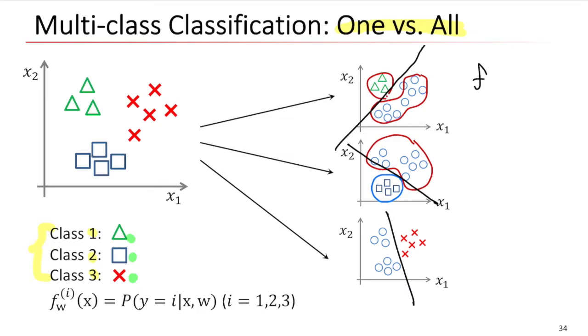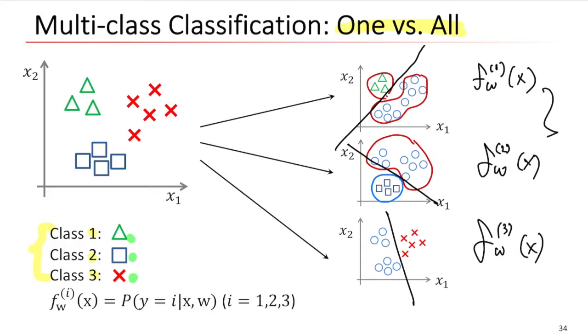In this case, we train the binary classifier for class 1, the classifier for class 2, and the classifier for class 3. Now we have three classifiers, one for each class. Then what can we do?